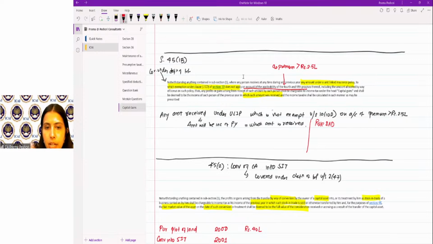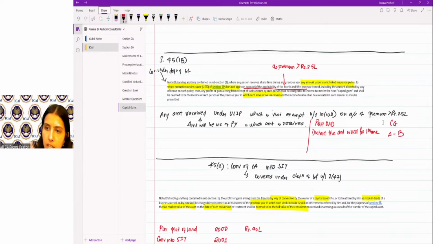And how do you compute the capital gain? So it says where the amount is received for the first time, then the capital gain will be A minus B.